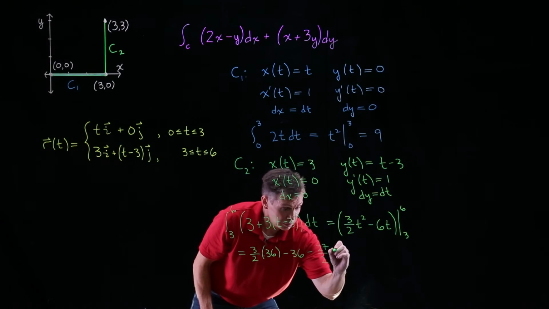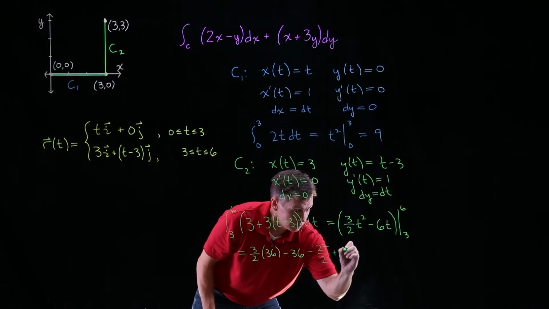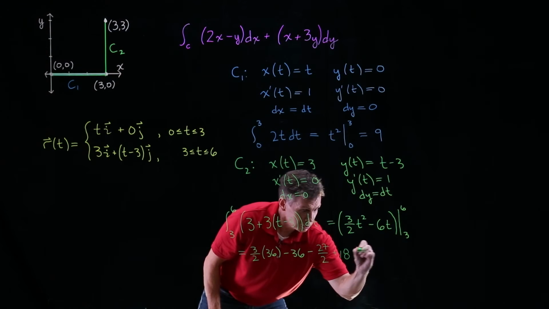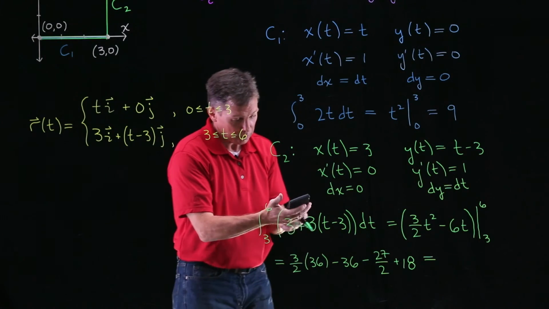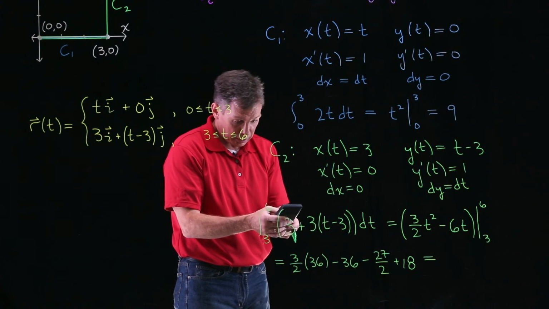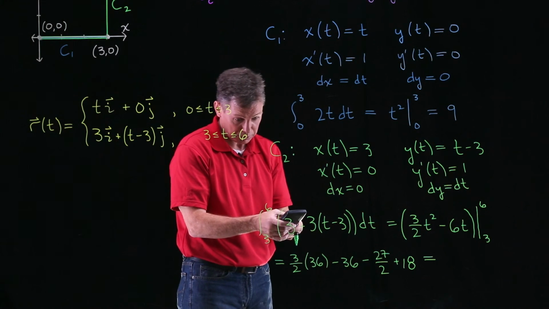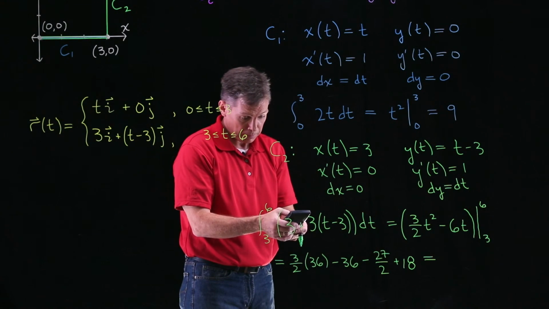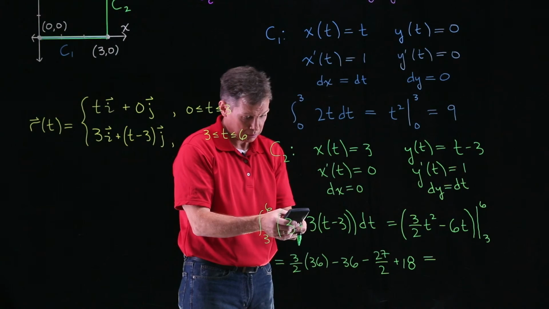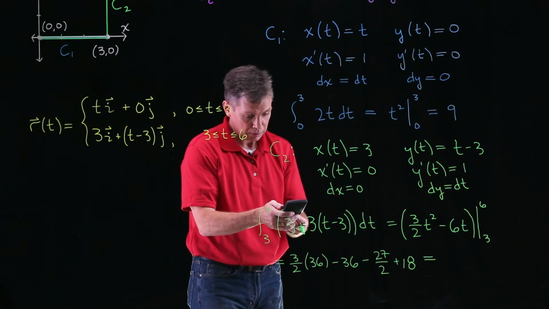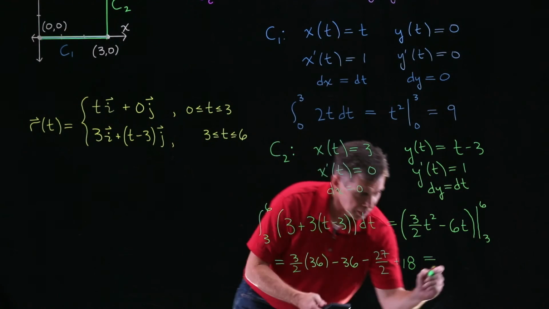Subtract, be careful, so that's going to be a plus 18. I warned you I was going to be lazy there, so I'm going to grab a calculator for that one. But I'm putting in 3 times 36 over 2 minus 36 minus 27 over 2 plus 18, and I'm getting 22.5.